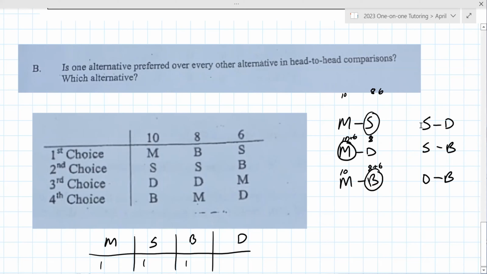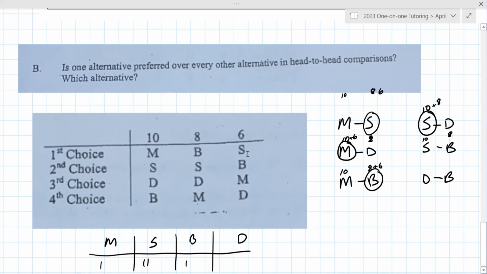So S versus D now. S wins the first one. In the second one, S is above D again, so that's 8. And in the third one, S is also above D, so that's the clear winner there. So now S actually has two wins. S versus B: again, in the first one, S has 10. In the middle one, B has 8.